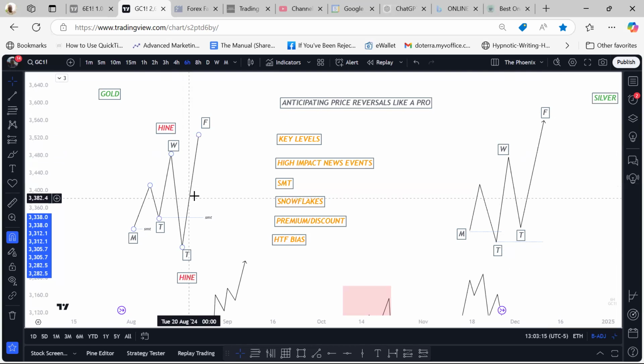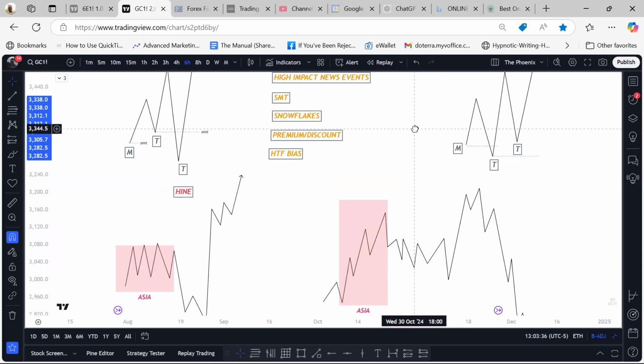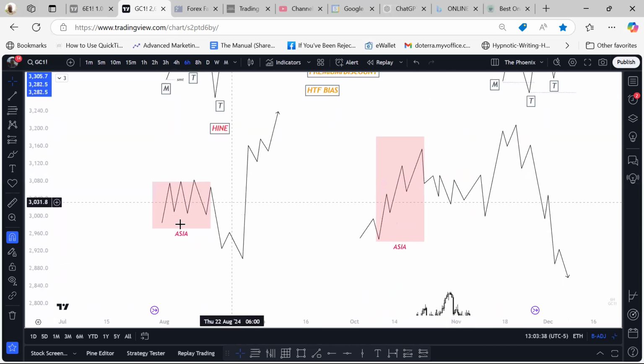All right, so in terms of confirming, having your confirmations, the SMT is the most powerful thing you can use to anticipate reversals in price action, right? Any cracking correlation that you see. So say, for example, we are trading the sessions.